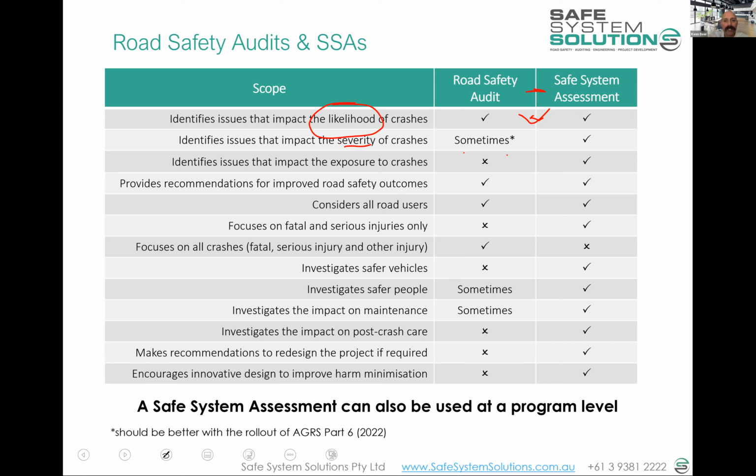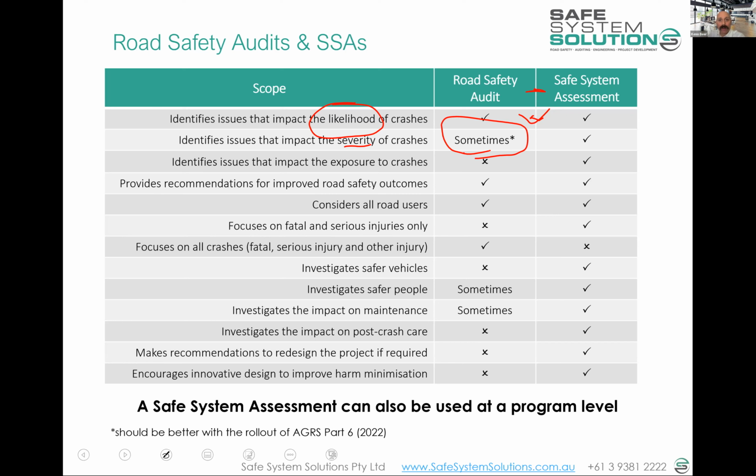Severity of crashes, I put sometimes here for auditing. There's a lot of audits that just have huge concentration on reducing the likelihood of crashes, stopping crashes happening in the first place, and really ignore if a crash still happens or when a crash still happens. We're getting better at that. But I still see a lot of audits in that space.